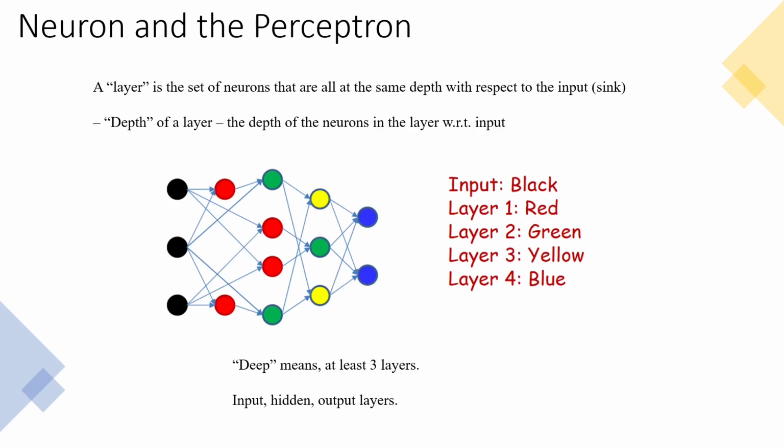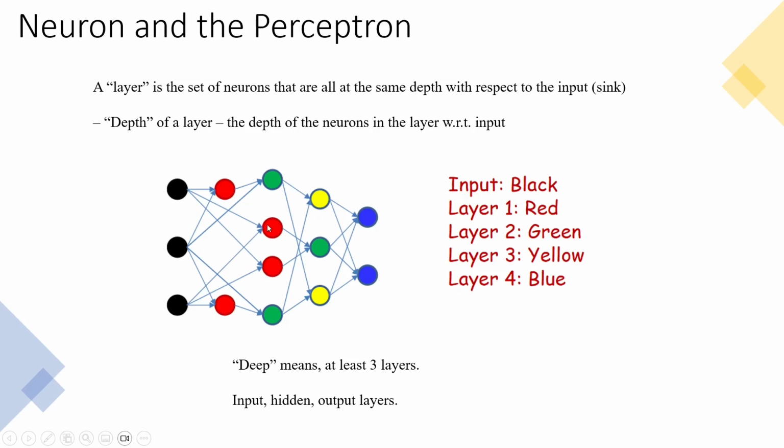So this is another concept you need to remember, another definition. A layer is the set of neurons that are all at the same depth with respect to the input. So when you are reading a neural network, you should start from the left. This is the input layer, right? And all these are at the same depth.